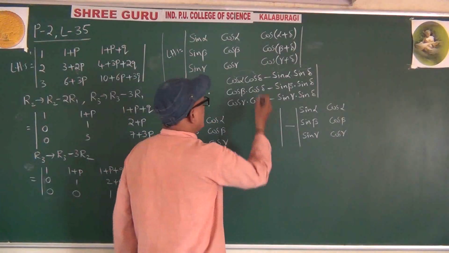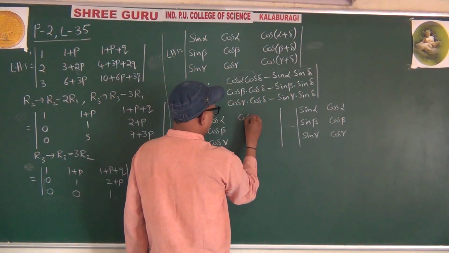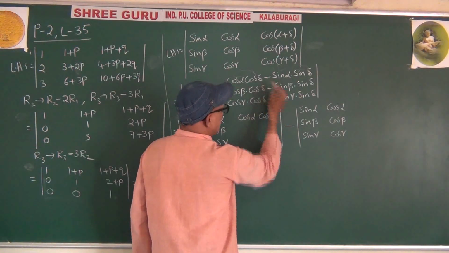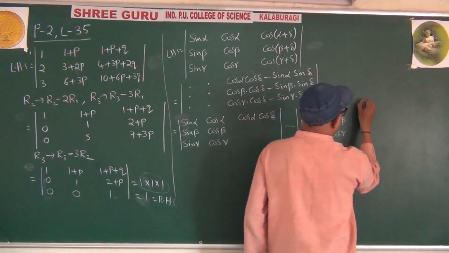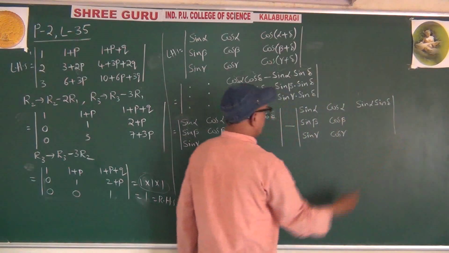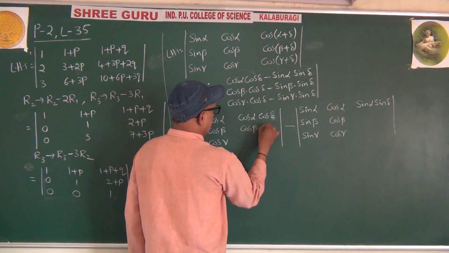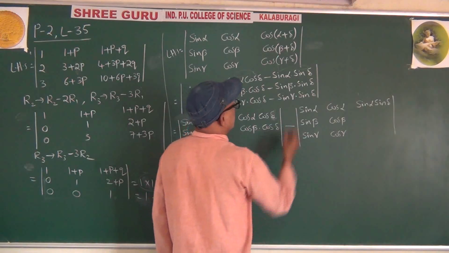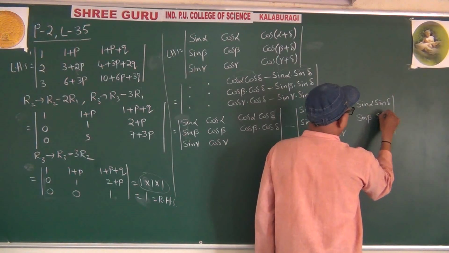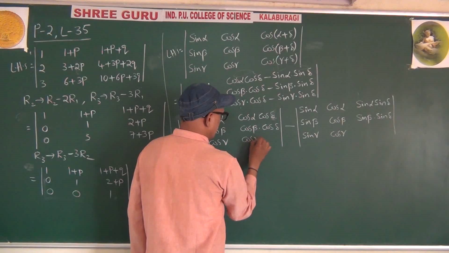Last column. What is the last one? A minus b. What is a? Cos alpha cos delta, cos beta cos delta, cos gamma cos delta.